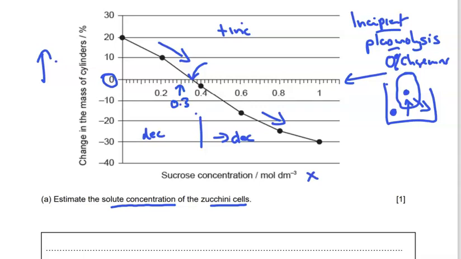And there are 5 divisions, but we're 3 of those along, so that makes this 0.36. So let's put that in, 0.36, but we have to remember to give the units, so we can copy them from there, moles per decimeter cubed. There we go. That's the answer to the first question.